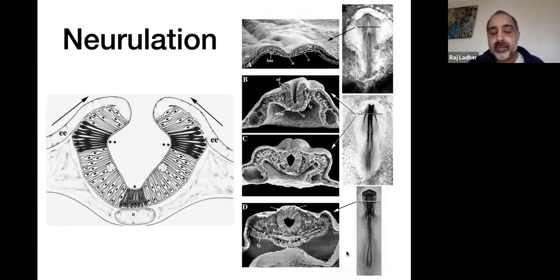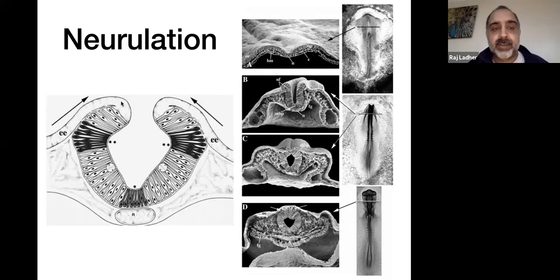When Bhavana and Sonia gave their talk, and I talked about this as well, we've talked about the formation of the neural tube, and the neural tube is the precursor for the CNS. All of you know that as the neural tube forms, we have this border region here, just between the surface ectoderm and the neural ectoderm.